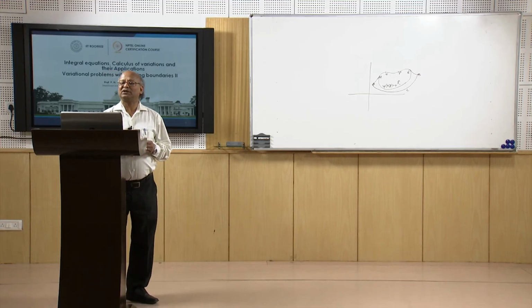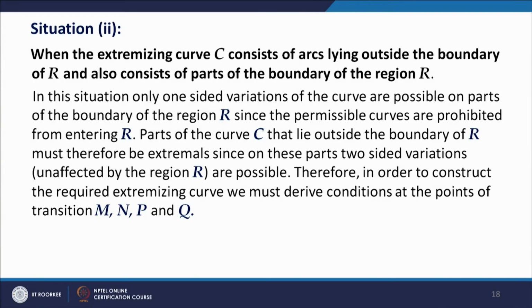In this situation, only one-sided variations of the curve are possible on parts of the boundary of the region R.